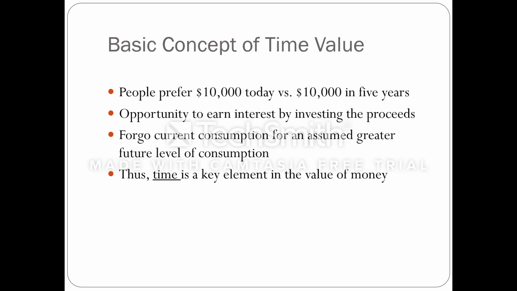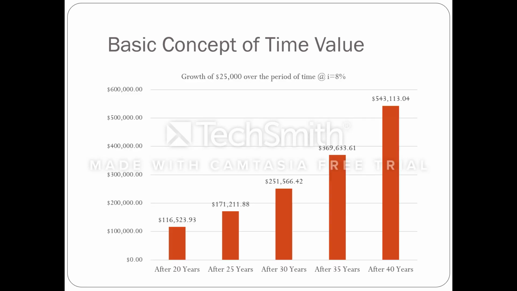Thus, time is a key element in the value of money, because over a period of time, the invested money, which in this case say is 10,000, if you are able to invest in the bank today, will earn interest over the period of time. If you see this graph, this is a very interesting graph.